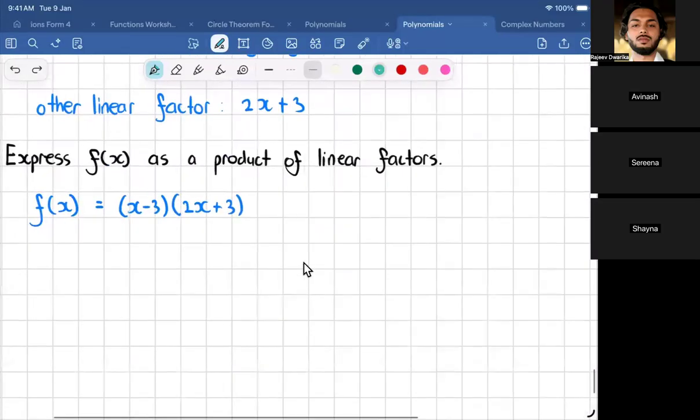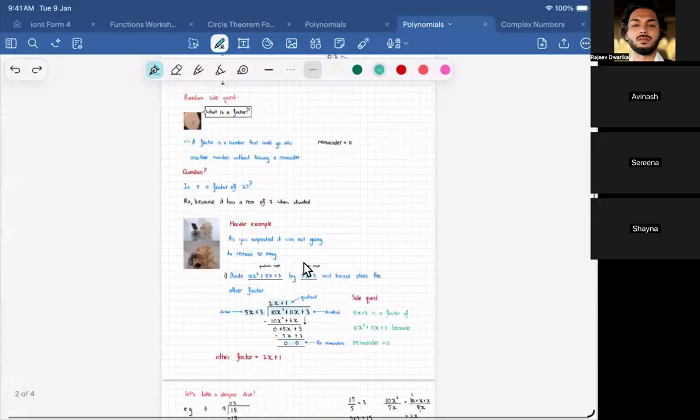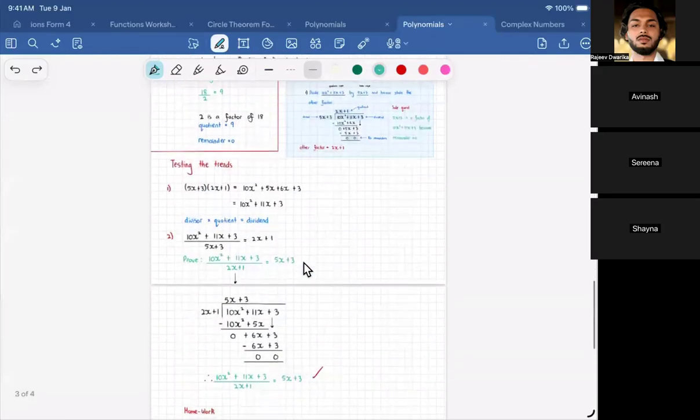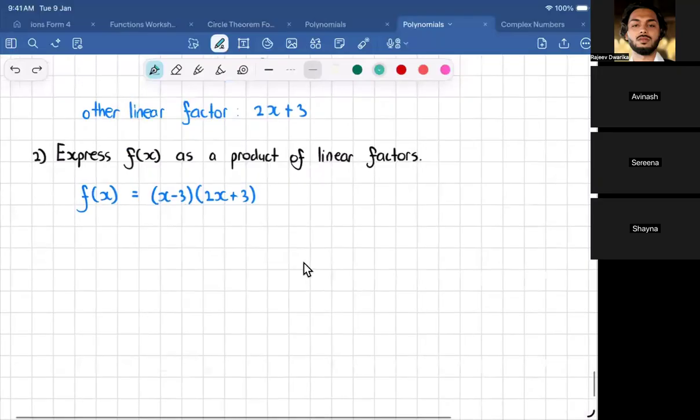Right. Do you remember how to expand this? Not really, sir. Okay, where's x? You can do that first. x times 2x is 2x squared, because x by x is x squared, 1 by 2 is 2. 2x squared.